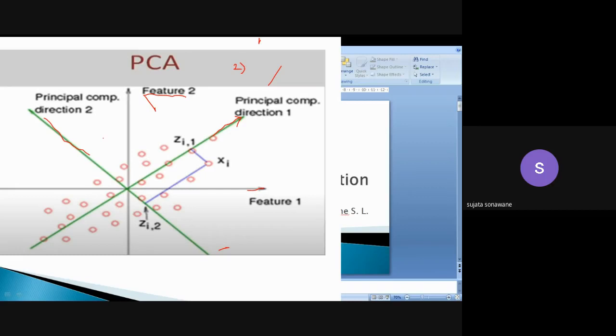After finding the covariance matrix, we will find the eigenvectors in the next lecture, and depending on the largest eigenvalues, we will select the eigenvector. The eigenvalues should be maximum. So according to that, we will find out.